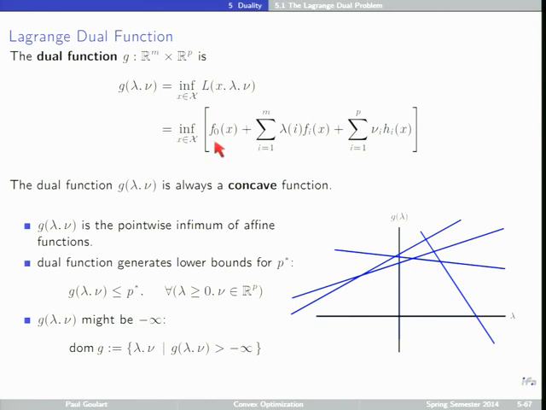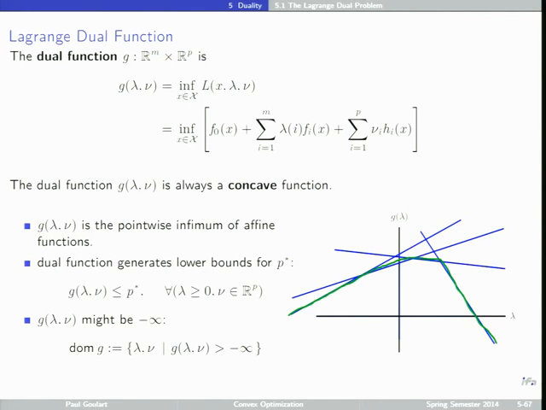So I get some linear thing, and then I pick a different x, and I get a different line. And I pick a different x, and I get another line, and so on. And then I take the min of all these things. And so my function will look like this. Because now I have the pointwise min of a bunch of linear functions. And this turns out to be a concave function.